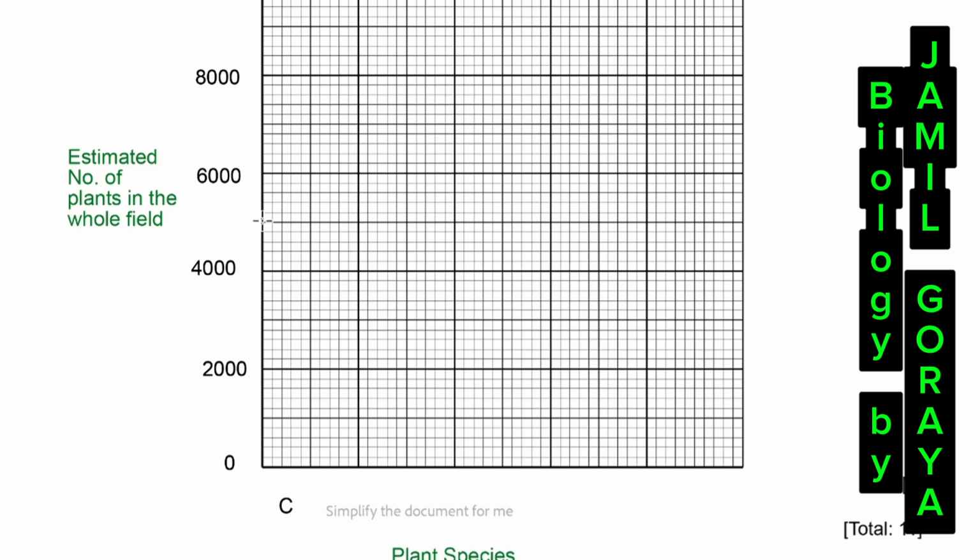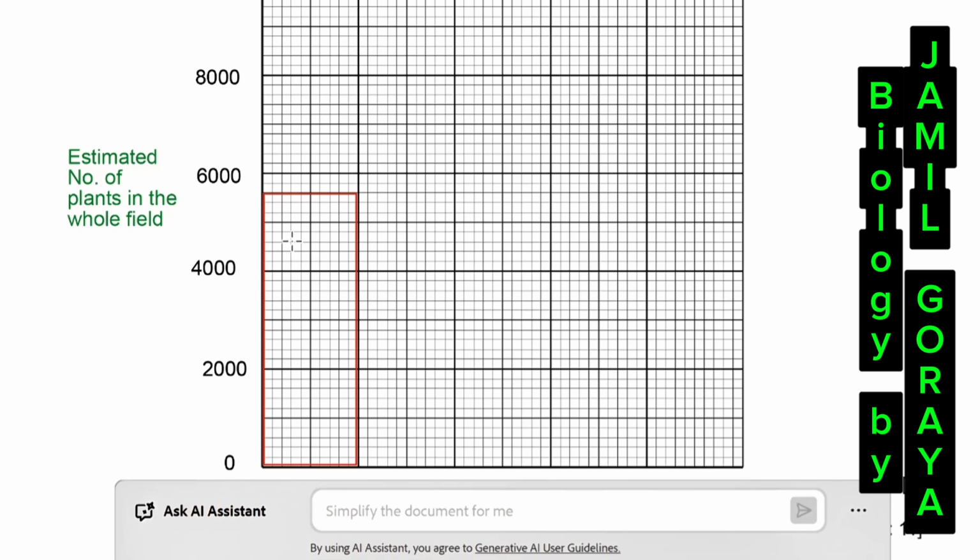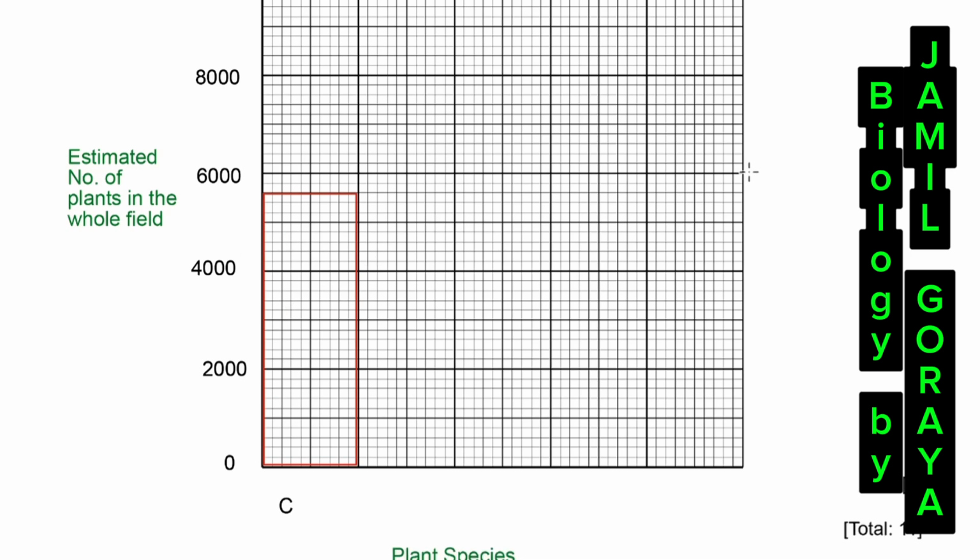This is 5,000, 52, 54, 56. So the bar must be like this. Or if we make a bit wider one, then we will shade it with the pencil.